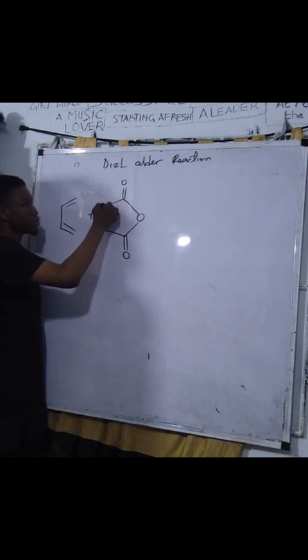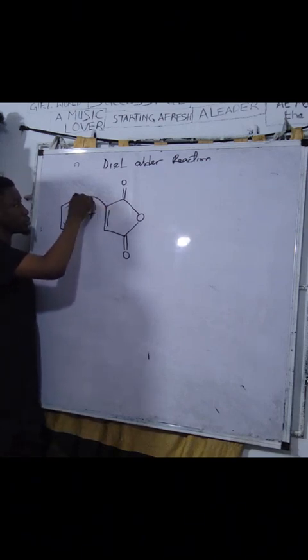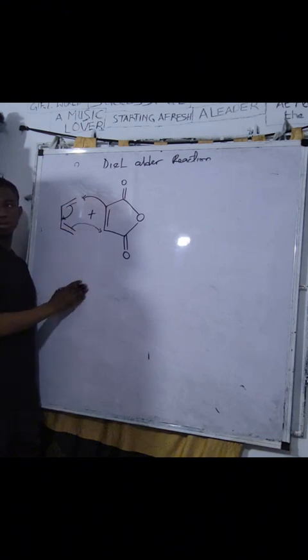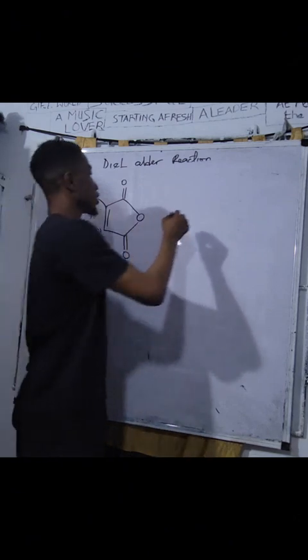Look at this one. What happens here is that this carbon here will donate. Then this bond breaks and comes here. And then this bond breaks and donates to this place. So what would it look like? It will look like this.